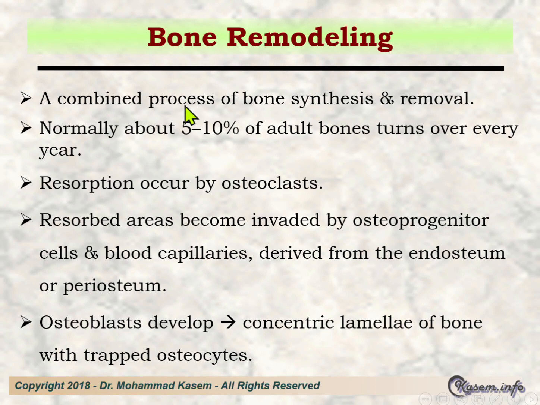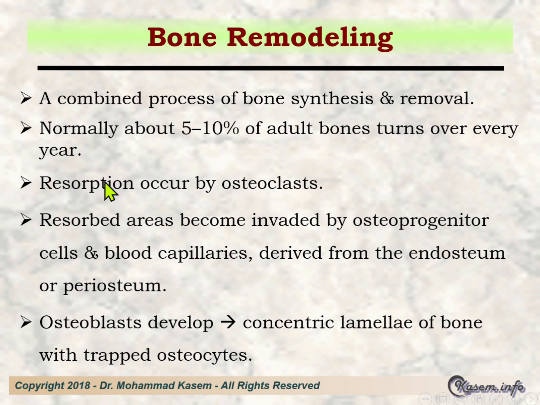Remodeling is done by two sides: a side of destruction or resorption, and the other side of bone building. Bone remodeling is a combined process of bone synthesis and removal. Normally, about 5 to 10% of adult bone turns over every year.